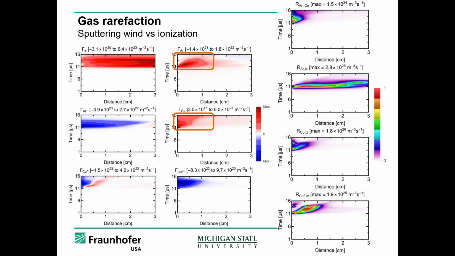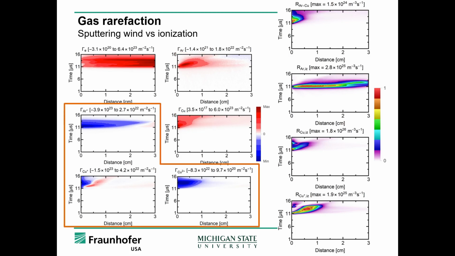Now, from a kinetic point of view, we see that there is at least some effect at the near target region. Well, for the ions, theoretically, they should be attracted back to the target. That is why the HiPIMS discharge generally has a lower deposition rate. Well, this is true for argon ions.